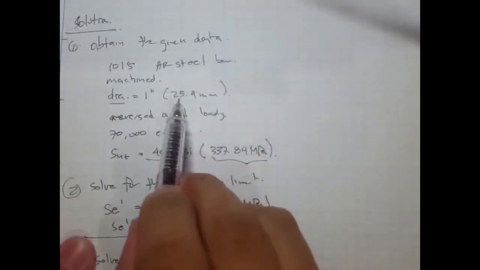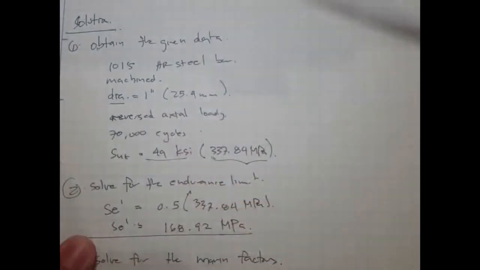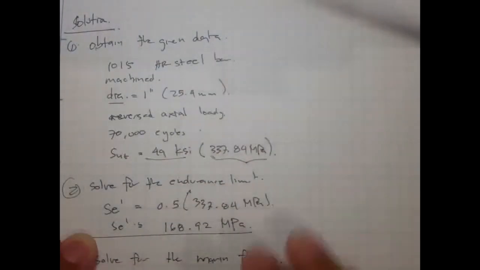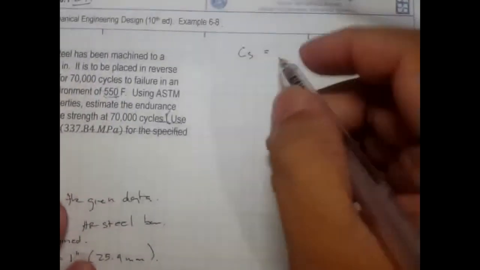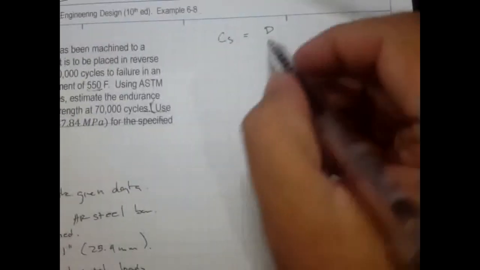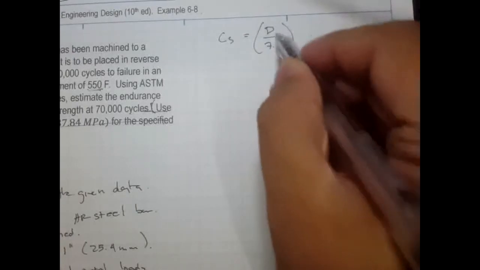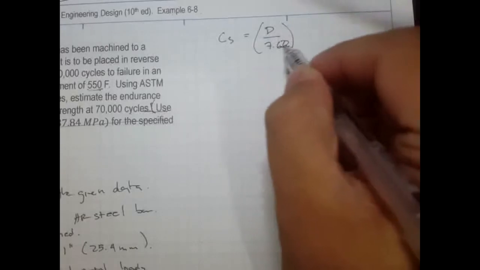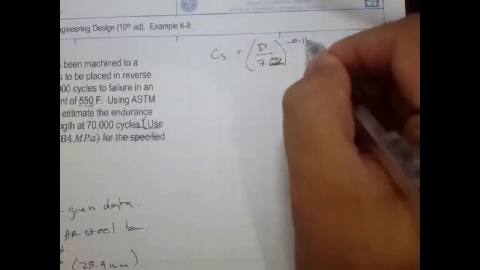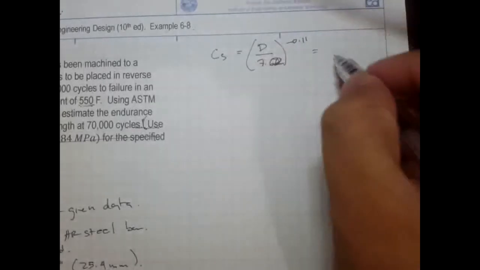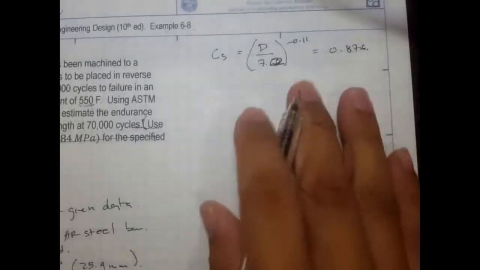Okay, so the next factor is the size factor, so CS. Since our diameter is 25.4, the working equation would be this one, d over 7.62 raised to negative 0.11, and if you substitute the value of d, what we get is 0.876.